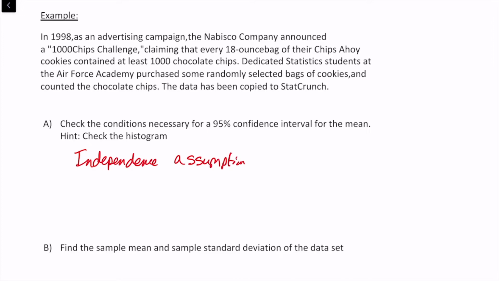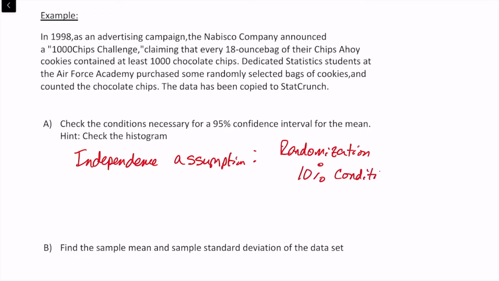Okay, the independence assumption comes down to two conditions. Did we randomly sample the population? I'm sorry, guys, with my hands, right? This is terrible. Let's do this. Randomization. Okay, and did we sample less than 10% of the population?